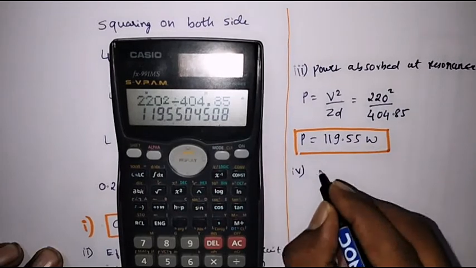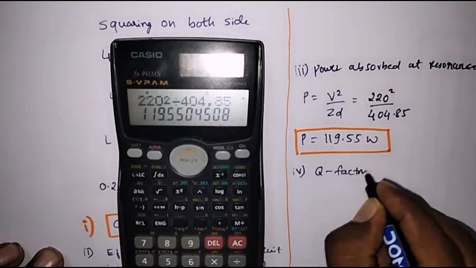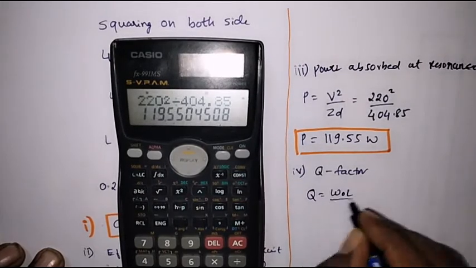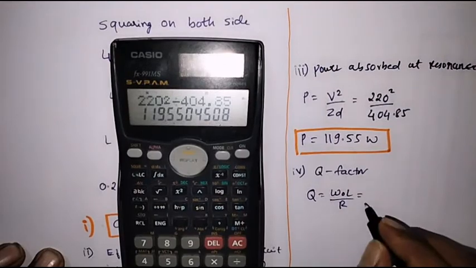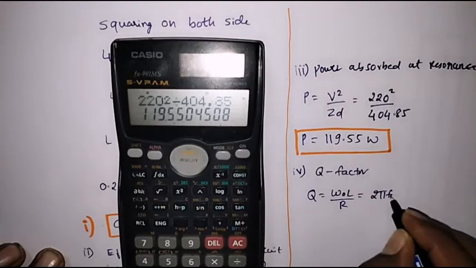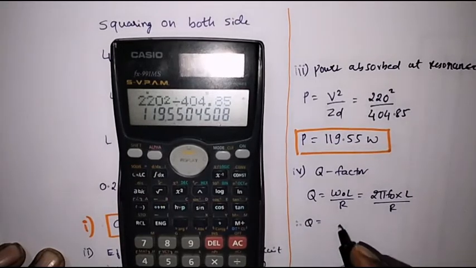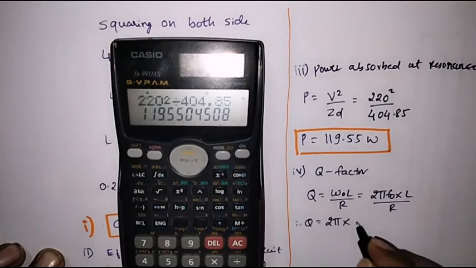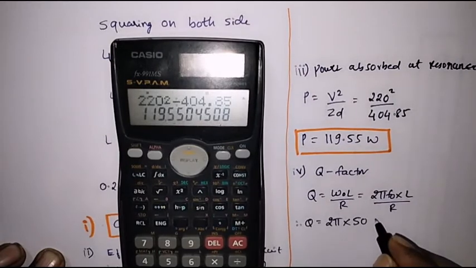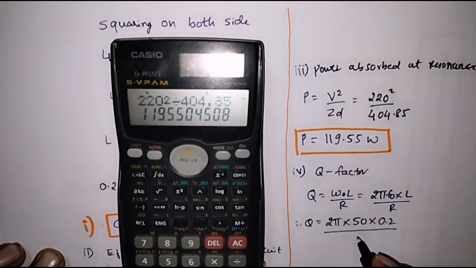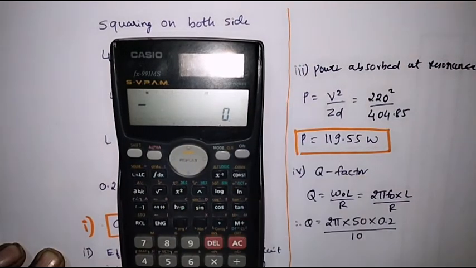Magnification factor is nothing but Q factor. We know that Q is equal to omega naught L by R. Omega naught is nothing but 2 pi F naught. Therefore Q is equal to 2 pi into F naught, which is 50, the resonant frequency, into L value 0.2, divided by the resistance value, which is RL value 10.